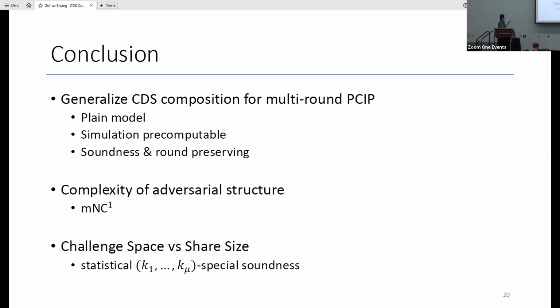Our framework accepts structures belonging to monotone NC1. And also, we introduce statistical k1 to k-mu special soundness definitions, which may be of independent interest. Okay, that's all of my talk, and thanks for listening.